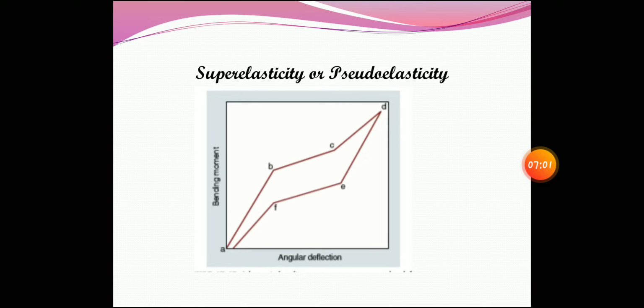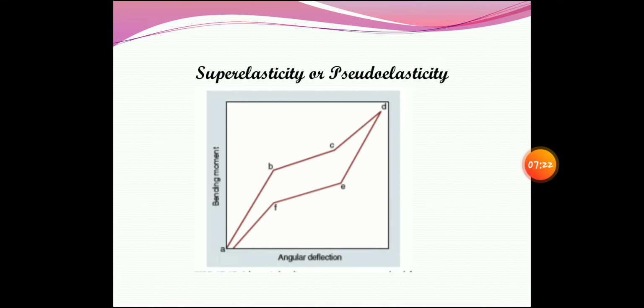Now what happens when it is unloaded? That is the down one. During unloading, the sequence is completely reversed. D to E corresponds to the loss of the elastic strain. That is what happens, because when you remove the stress or the force, it regains only the elastic portion, not the plastic.